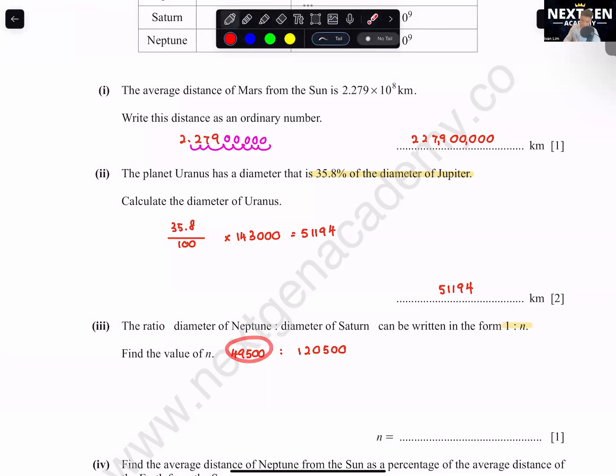How do I change this to 1? I divide it by 49500, and here also I need to divide by 49500. Your answer will be 1 to this number, then you round it up to 3SF. You get 2.43.